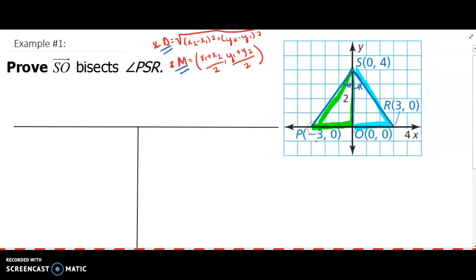Now from here to here, we don't really have to do any math with that. We know from 0, 0 to 3, 0, that's 3. And we know that -3 to 0, 0, that's also 3. So we know that PO is congruent to OR, and I'm going to put in parentheses 3, by that's given in the diagram.